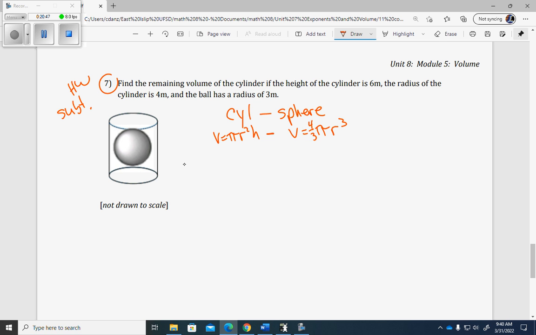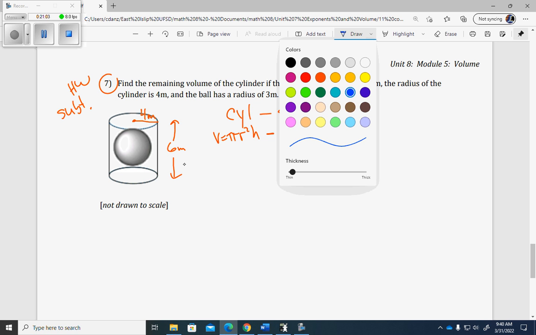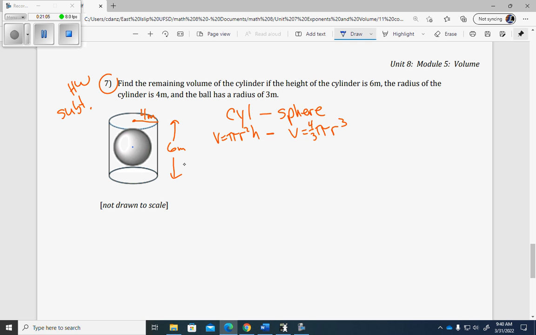The height of the cylinder, it says, is 6 meters. The radius of the cylinder is 4 meters. And the ball has a radius of 3 meters. So use the correct numbers in your formulas.